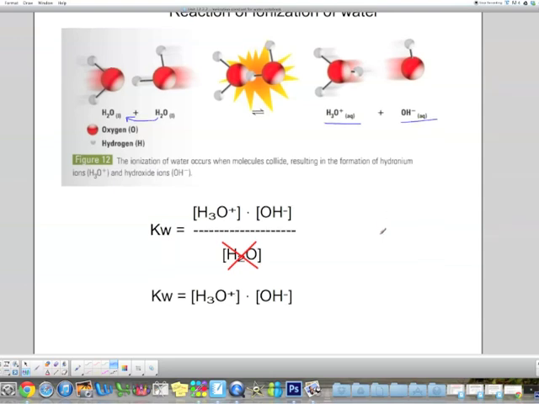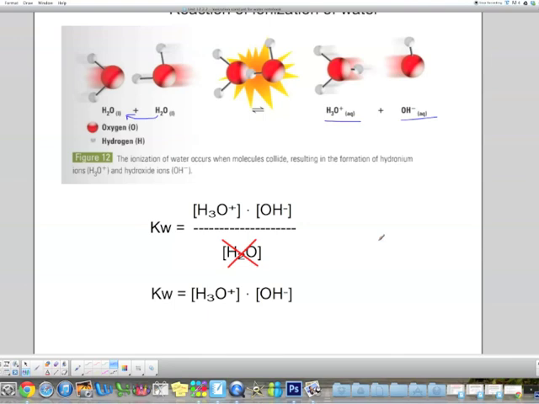Now I'm going to introduce a new constant. That constant is a constant of equilibrium. So it's the constant for water. Now, if I may refresh your memory, a constant is the concentration of the products over the concentration of the reactants, right? But if you also remember, we do not use solids, we do not use liquids, because these are expressed as concentrations.